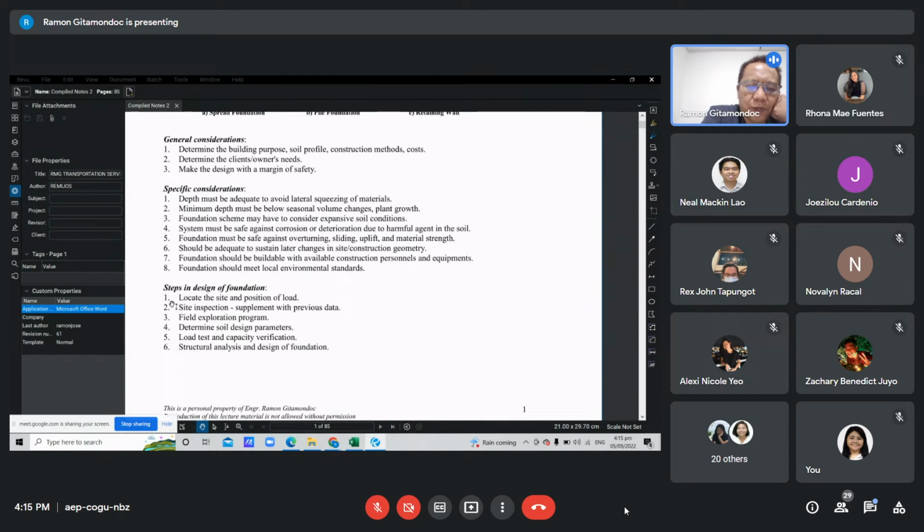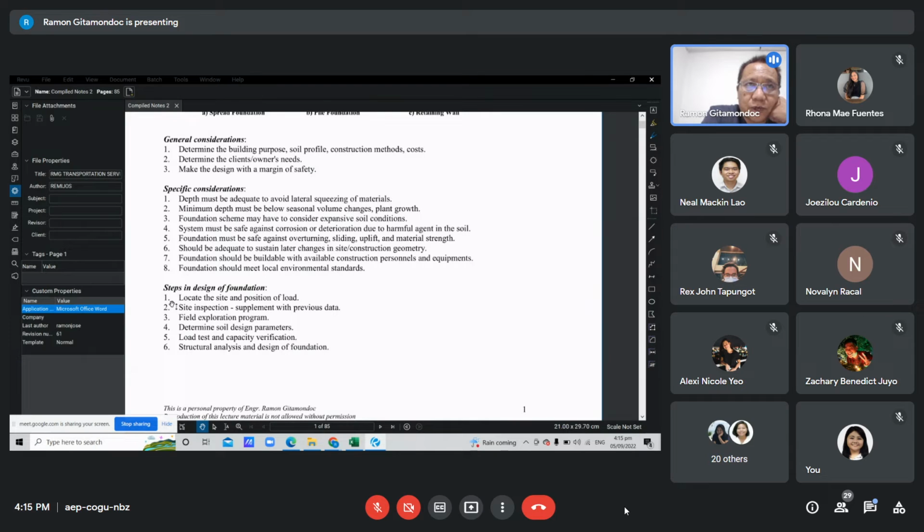Then those samples will be brought to the laboratory for analysis of their properties: sieve analysis, determination of the plastic limit, liquid limit, particle size distribution, cohesion of the soil, and angle of internal friction.